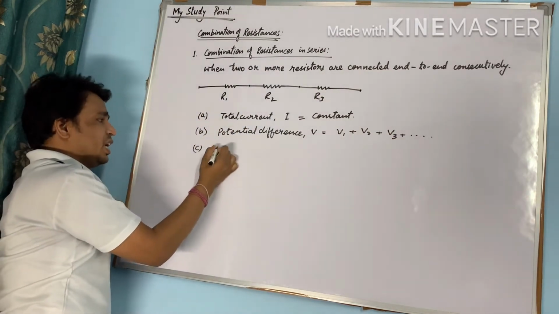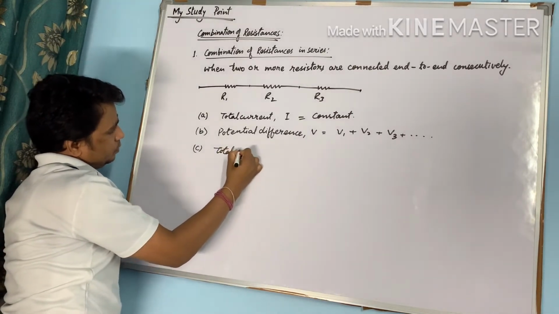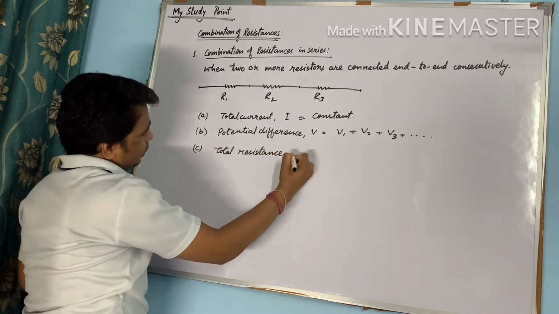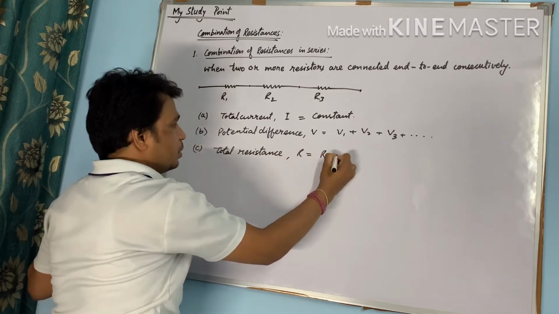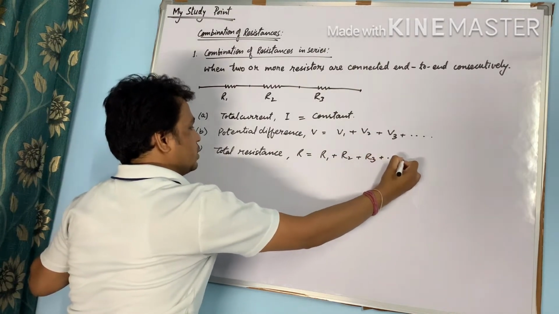And the equivalent resistance or total resistance R is equal to R1 plus R2 plus R3 and so on.